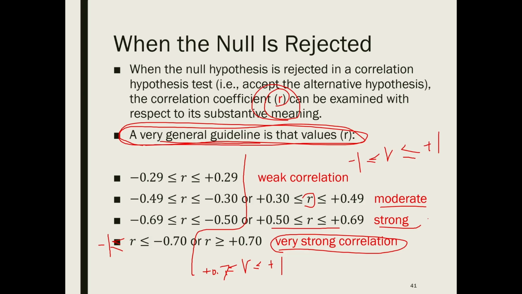Now you can use these criteria to judge, if the null hypothesis is rejected and there is a significant correlation, how strong the correlation is.